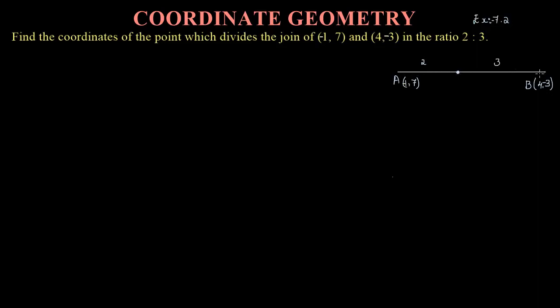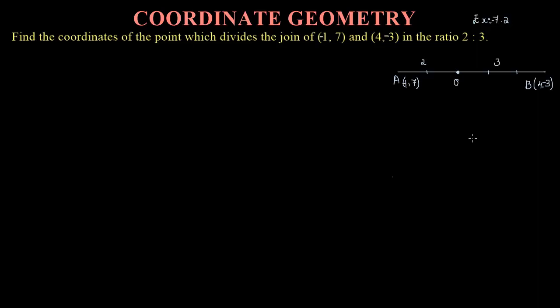If I divide this whole line into 5 parts like this, 1 2 3 4 5, then 2 parts of that line will be the distance between these 2 points, and 3 parts of this line will be the distance between these 2 points. If I name this point as O or something, you need to find the coordinate of this point. Where does this point actually lie?